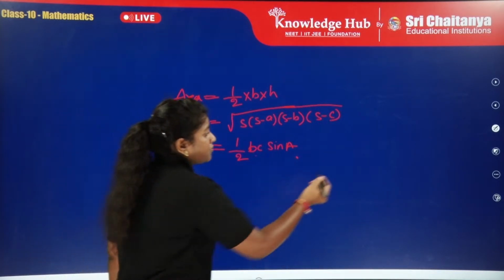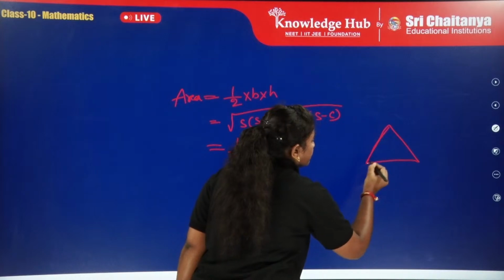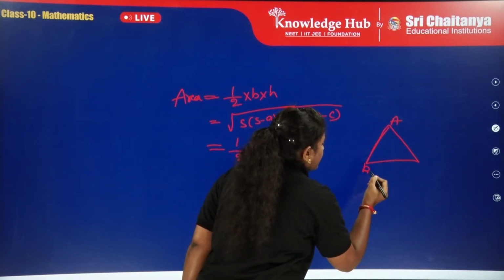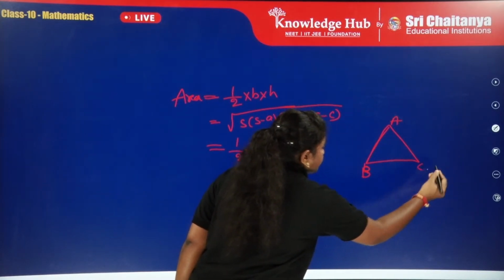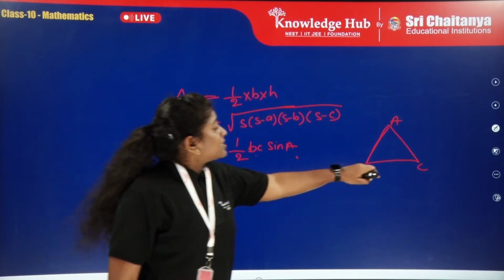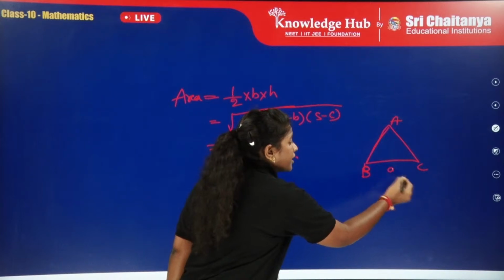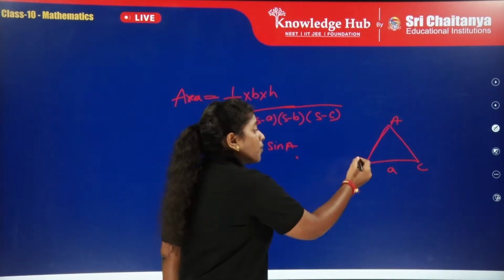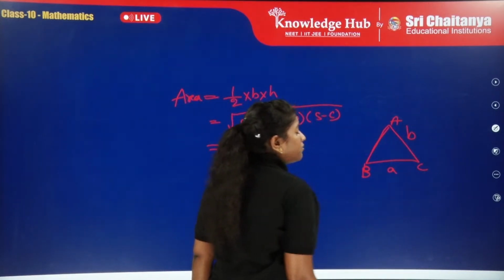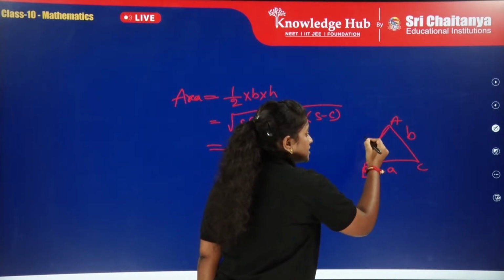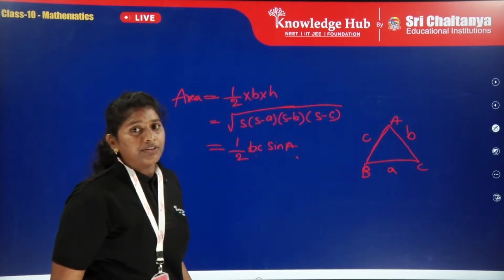So if we take the triangle ABC, the side opposite to angle A becomes side a, the side opposite to angle B is b, and the side opposite to angle C will become c.